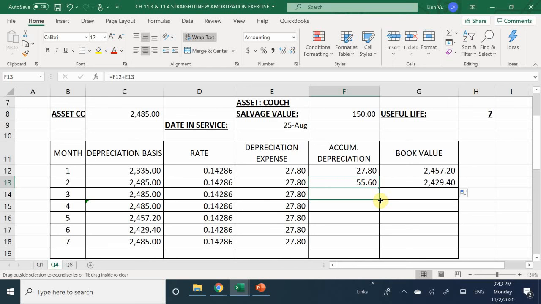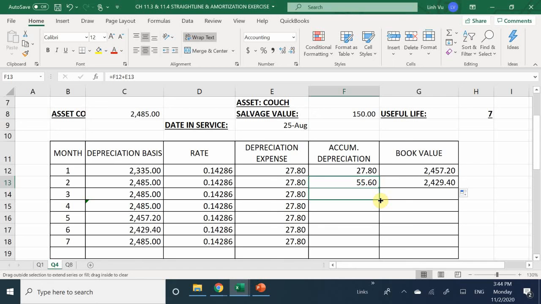So I got the 24.29.40 cents in the book value, right? And then that carries over, right? No, because we're doing straight line.